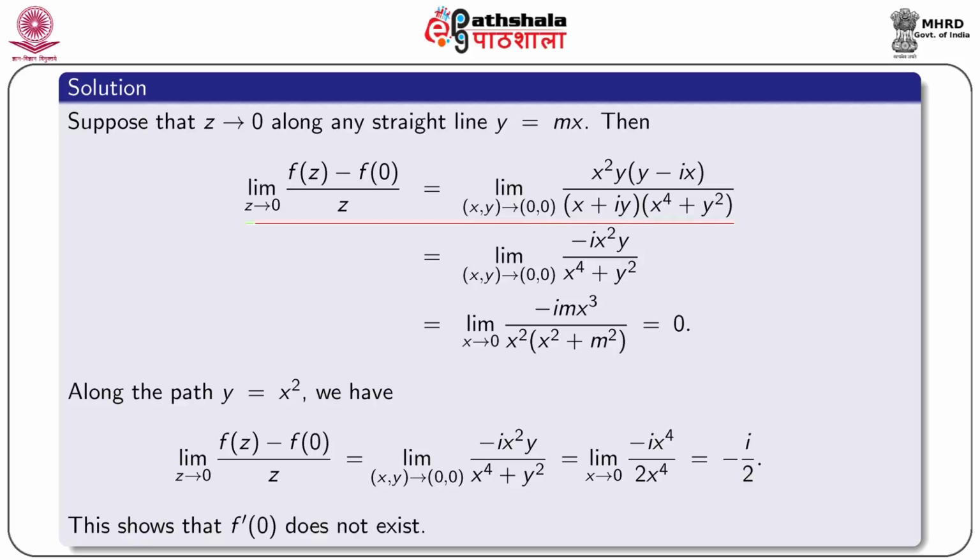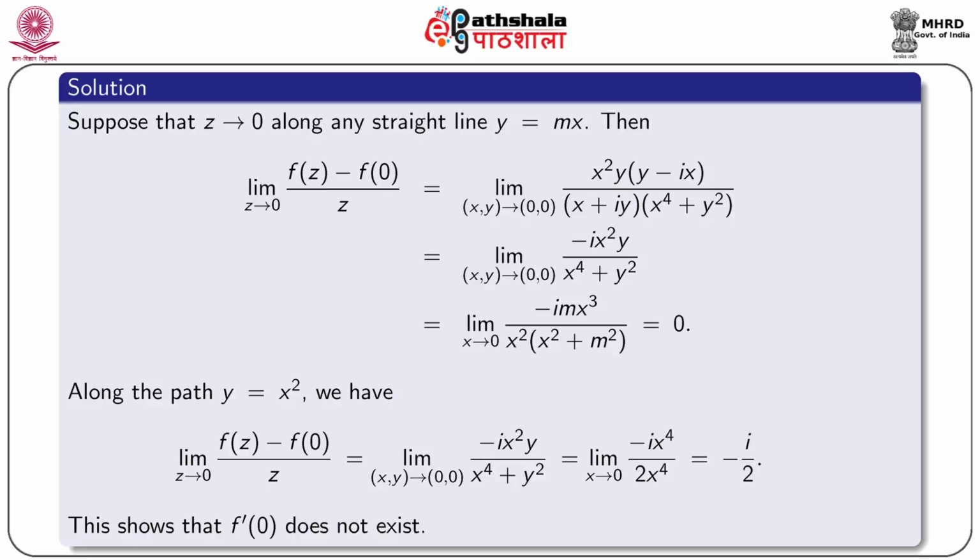Then limit z tending to 0 of (f(z) minus f(0)) by z, we just put the value of f(z). So this is equal to limit (x,y) tending to (0,0) of x squared y into (y minus ix) by (x plus iy) into (x to the power 4 plus y squared), and this is equal to limit (x,y) tending to (0,0) of minus i x squared y by x to the power 4 plus y squared.